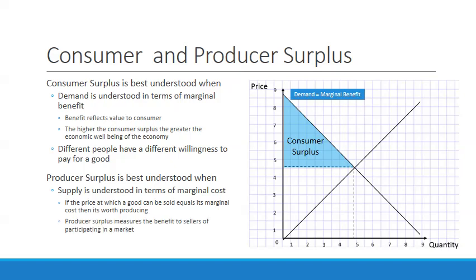So producer surplus measures the benefit to sellers of participating in a market. So when we put the supply curve up here, that green rectangle, that is producer surplus. So both of them meet at equilibrium, and then they work down until the demand line stops, or the supply line stops. So you can see these two.